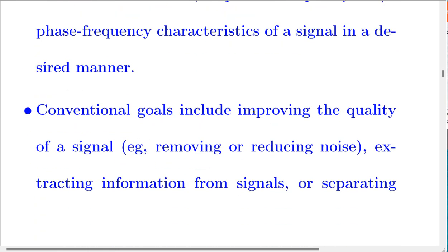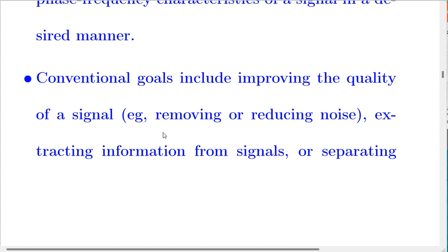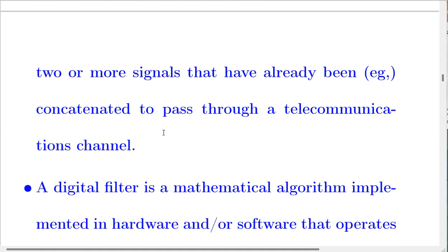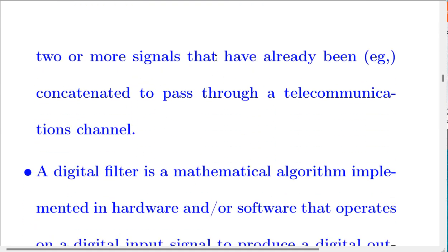Conventional goals include improving the quality of a signal, for example, removing or reducing noise, extracting information from signals, or separating two or more signals that have already been, for example, concatenated to pass through a telecommunications channel. Right?